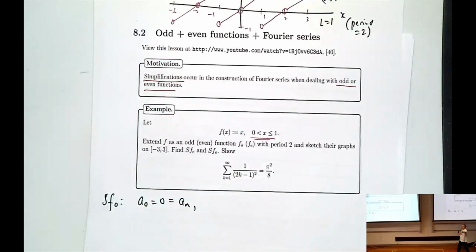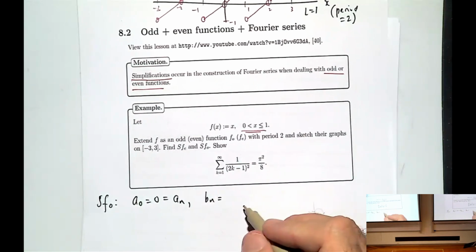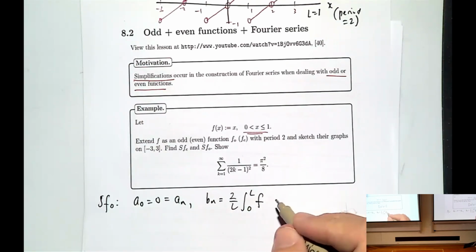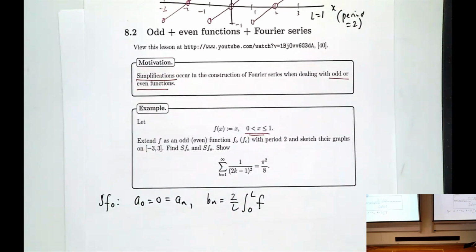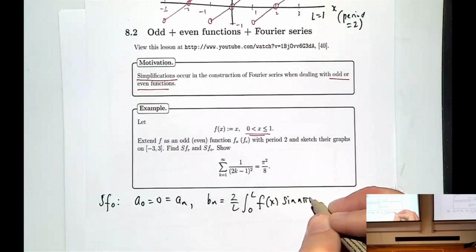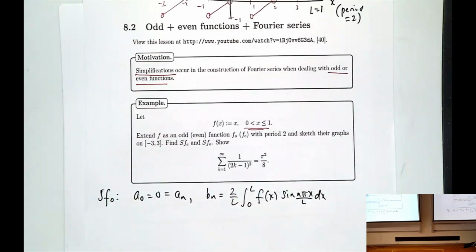Great, so I only have to calculate one set of coefficients. So that's my doubled integral. I'll put in L equals 1, and I should get the following.